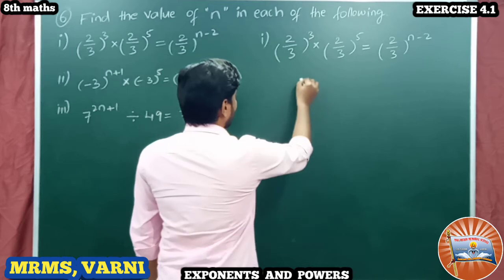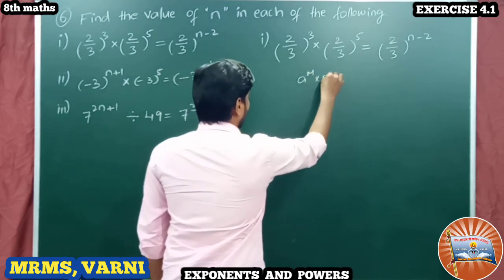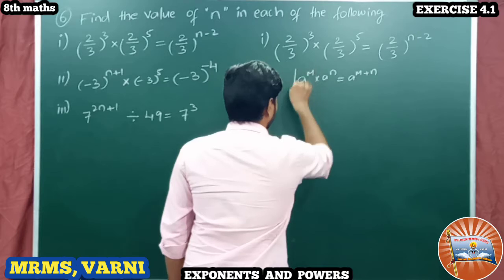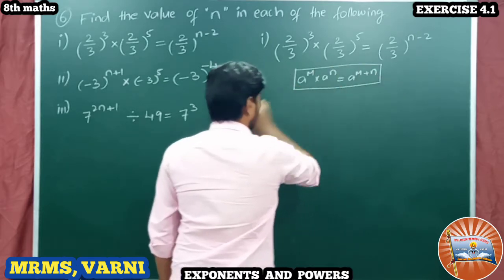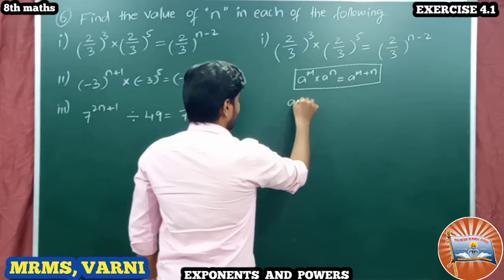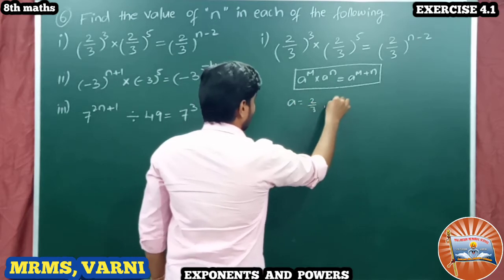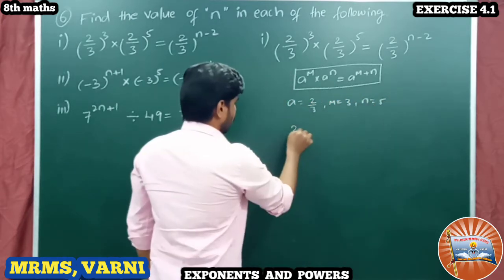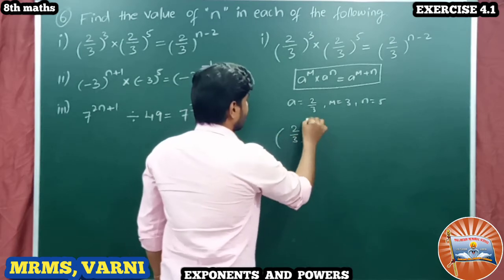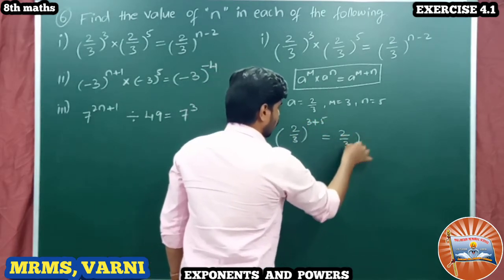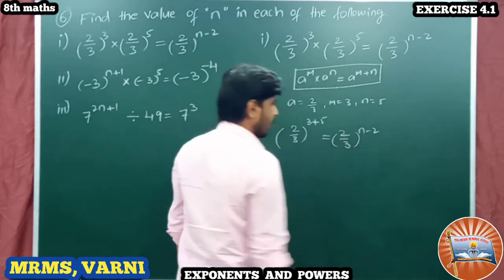So we have one formula, a^m × a^n = a^(m+n). Using this formula, I am going to write the LHS part. So a = 2/3, m = 3 and n = 5. So (2/3)^(3+5) = (2/3)^(n−2).